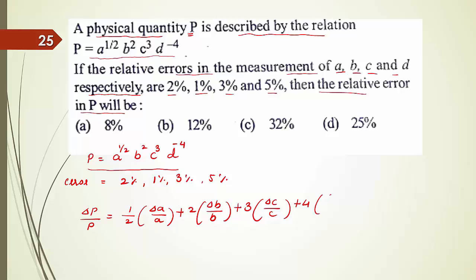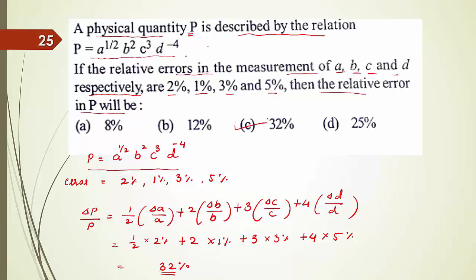Now substitute all the values. 1 by 2 into delta A over A is given as 2%, plus 2 times delta B over B is 1%, plus 3 times delta C over C is 3%, plus 4 times delta D over D is 5%. So we will get the final answer as 32%. So 32% is the relative error present in the given physical quantity. Option C is the right answer.